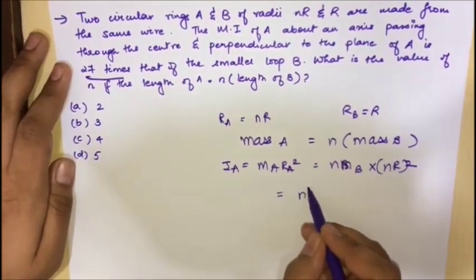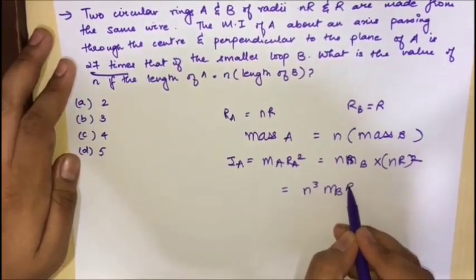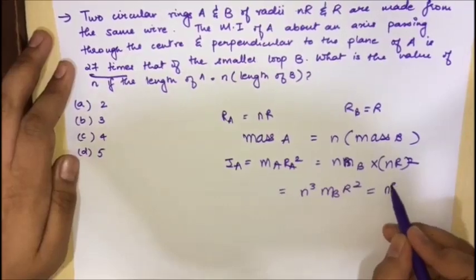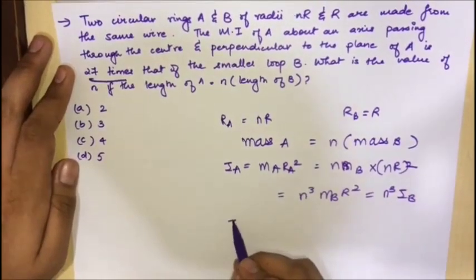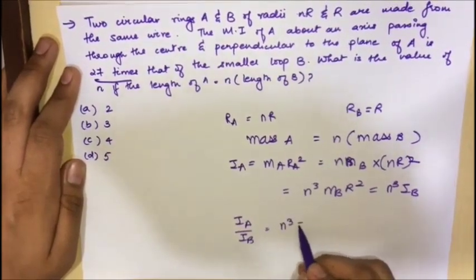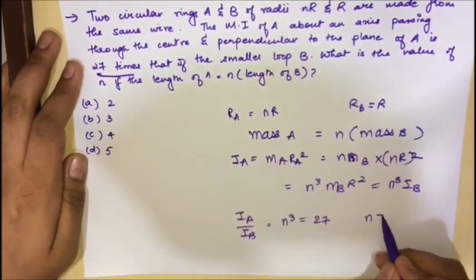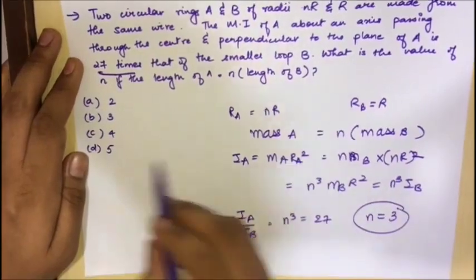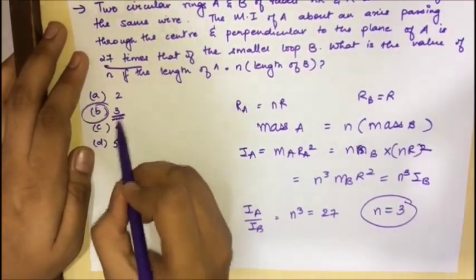That can now be written as N cube MB R square, which is equal to N cube IB. So IA upon IB is equal to N cube, which is equal to 27. So value for N is equal to 3. So option B, 3, is the correct answer.